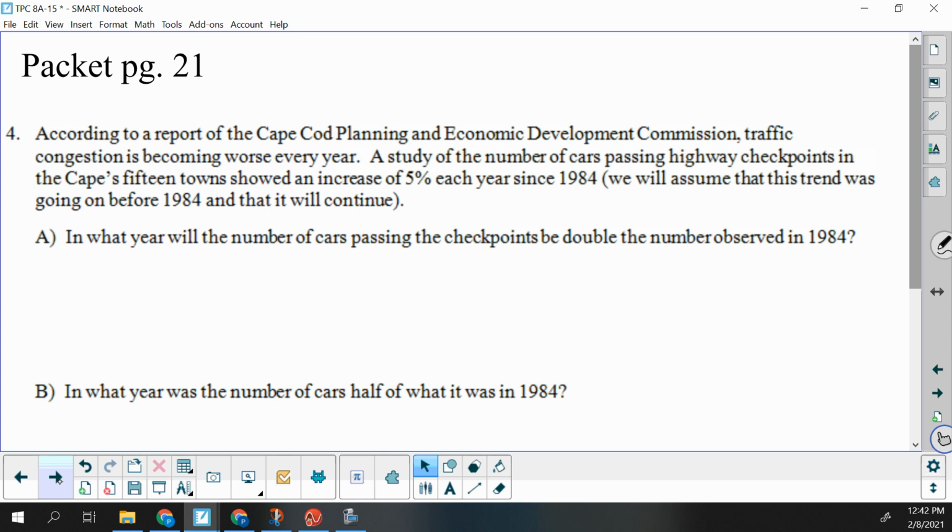A study of the number of cars passing highway checkpoints in the Cape's 15 towns showed an increase of 5% each year since 1984. We're going to assume that it was going on before 1984 as well, and it'll continue. We want to know in what year will the cars passing the checkpoint double the number observed in 1984.